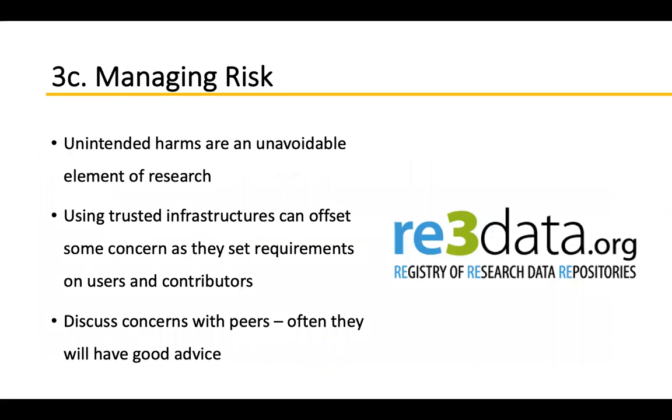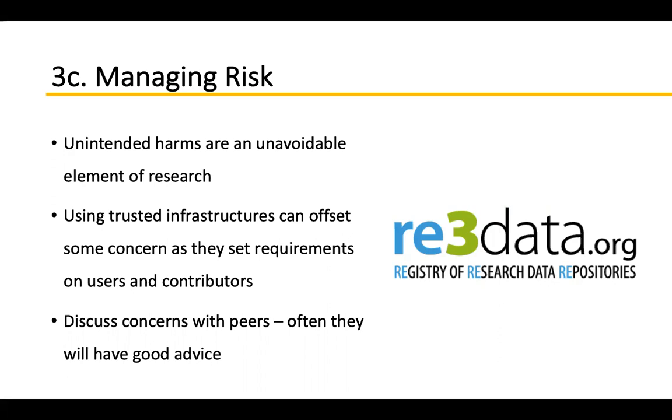The third obvious area of concerns when it comes to individual researchers talking about concerns are the risk of releasing data that can be reused for negative purposes. It's important to recognize that unintended harms are an unavoidable element of research. While we have very good intentions in our research, sometimes research can be misused, and that can be unavoidable.